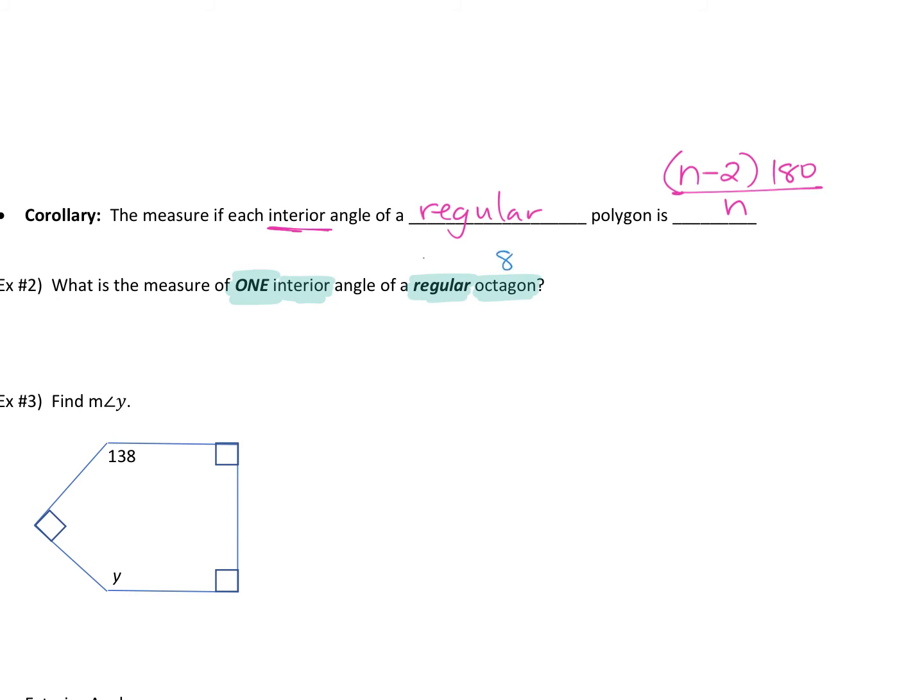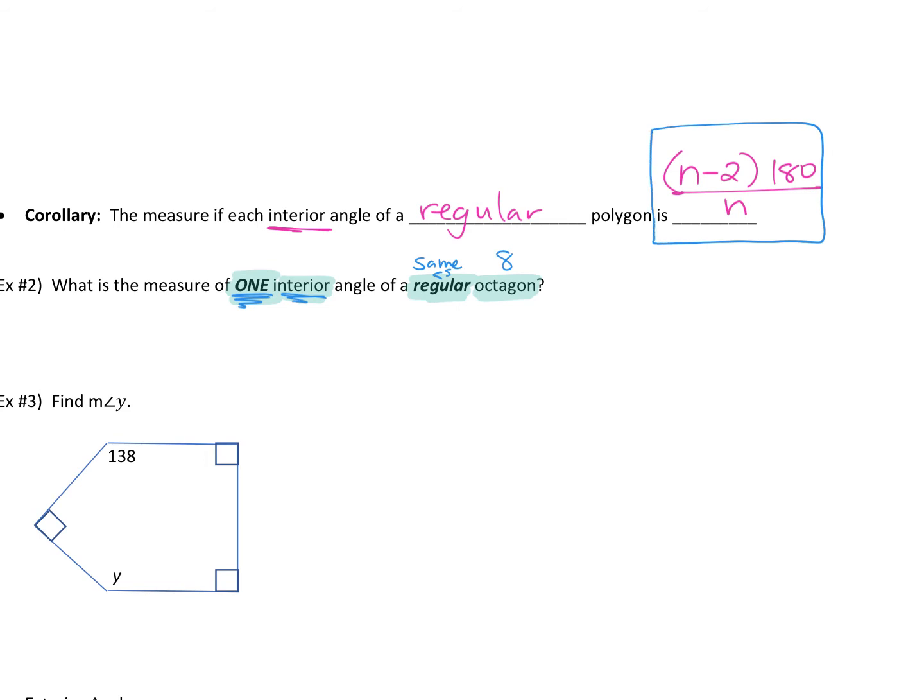Regular meaning all the angles are the same, right? We only want one of them, and we haven't learned the exterior angles yet, but you're going to learn exterior. So we want the interior angles. So what is the measure of one interior angle of a regular octagon? What do you do?